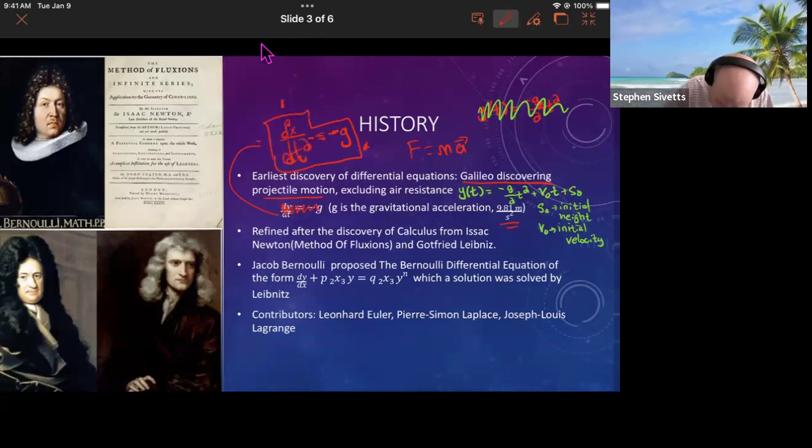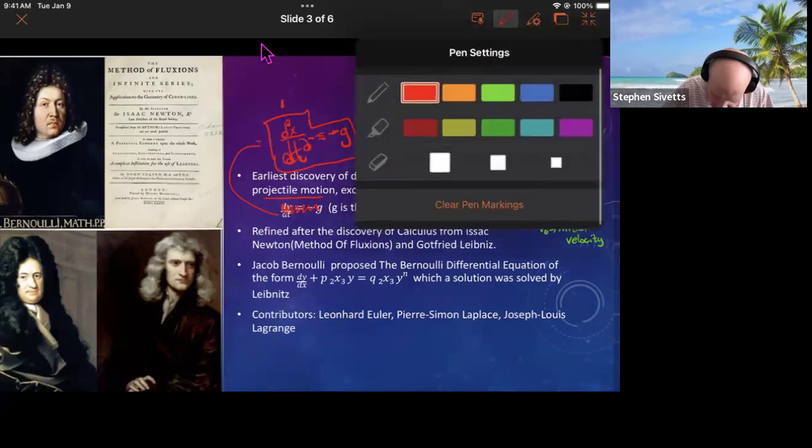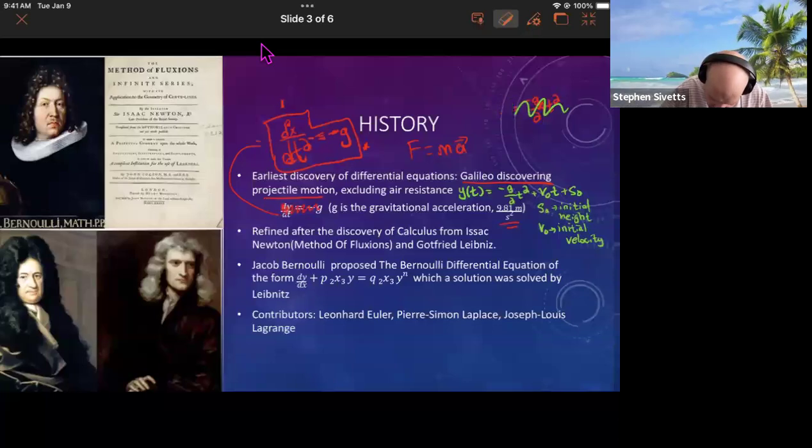Really, it's x of t. Okay. So let me erase that. A small change here.